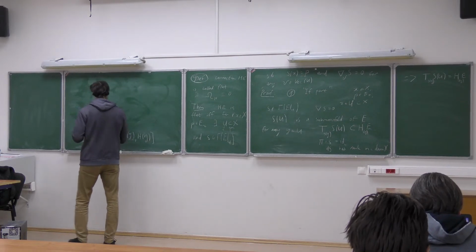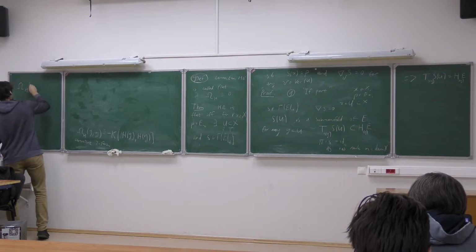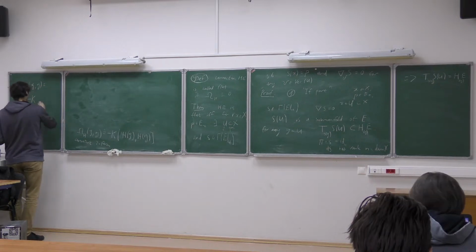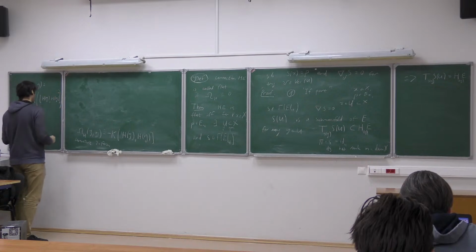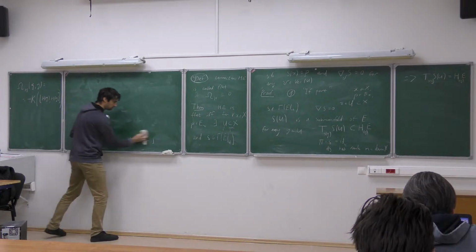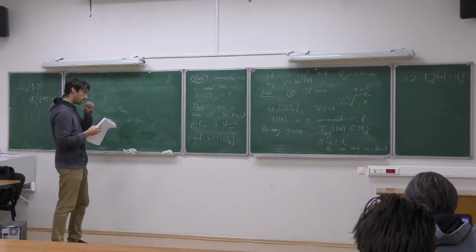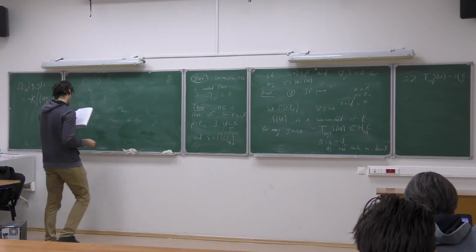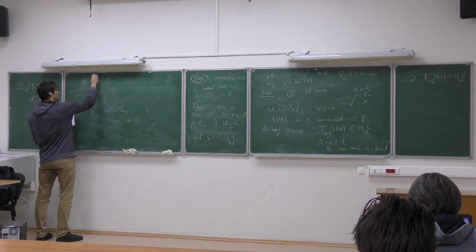So let me maybe rewrite this here, so it stays on the board. H of psi, H of eta. Okay, so I take any two vectors xi and eta.